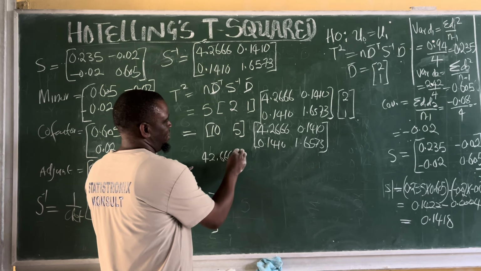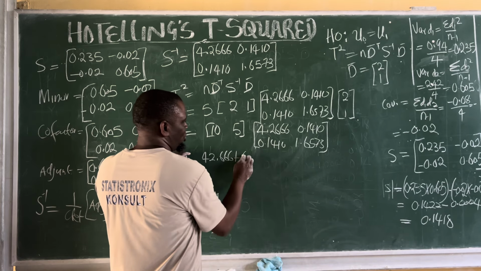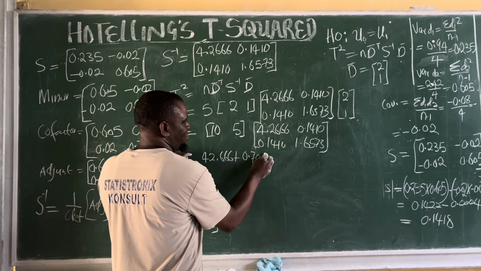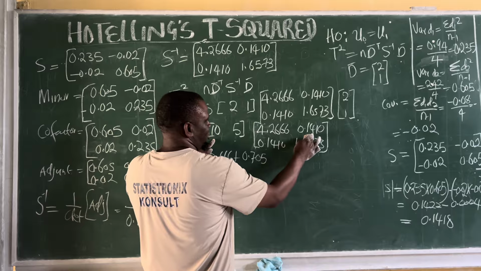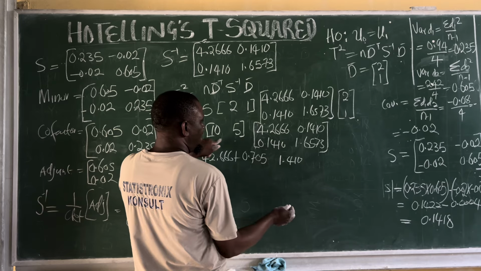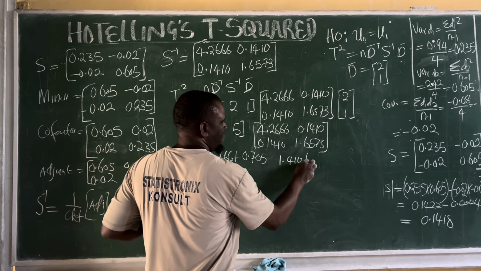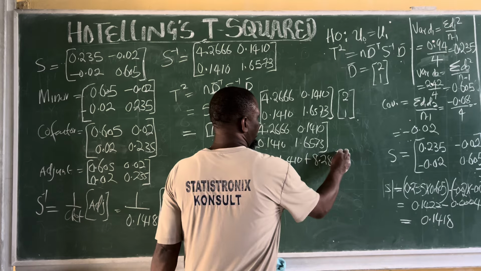Then 5 times 0.705. Like this time this and this time this. Now the next one is going to be 10 times this, 1.410. Then 5 times 8.2865. Yes, it's correct.